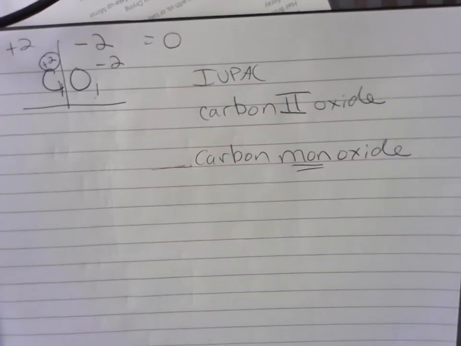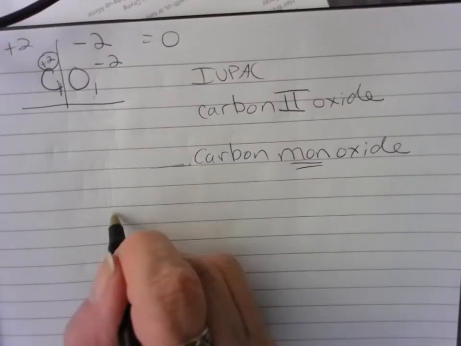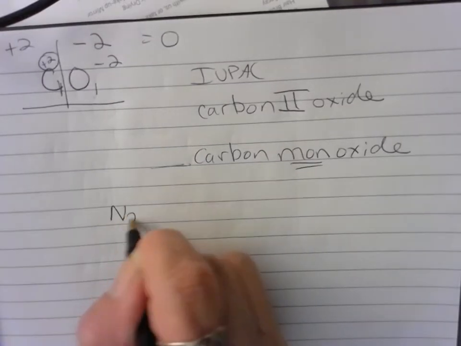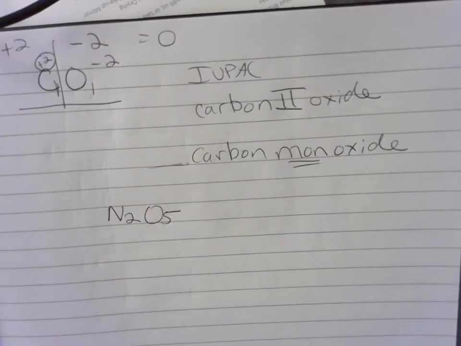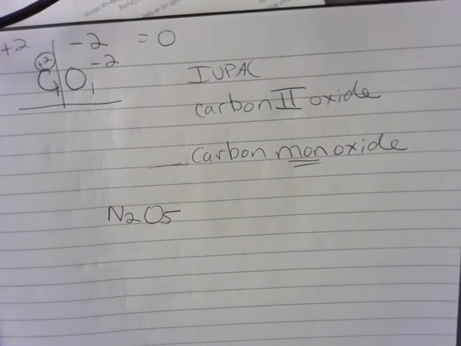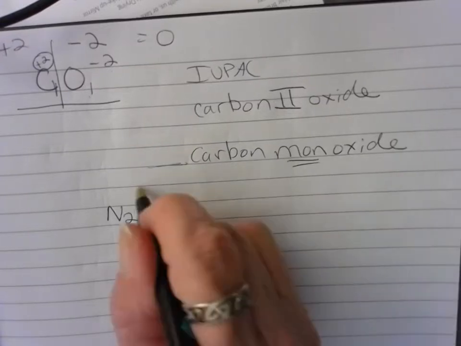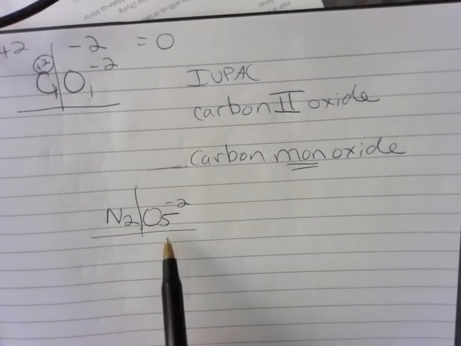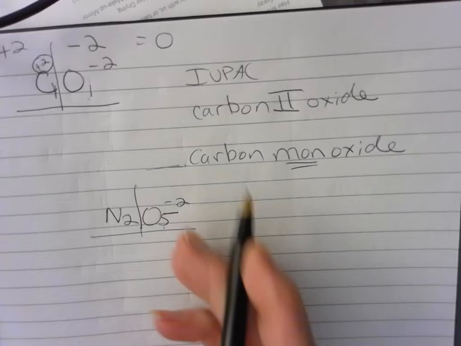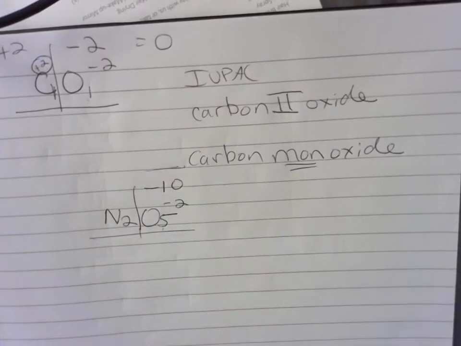Let me do an example where you have to use a prefix in the front. N2O5. Again, we're going to determine that charge. Oxide would have a -2 charge, so 5 times -2 would give you an overall -10 charge.